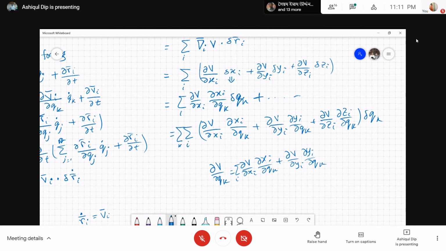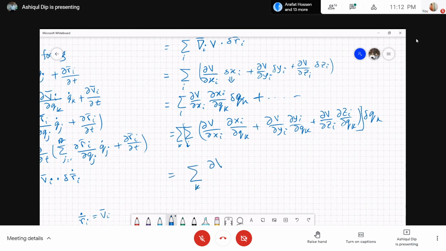So with this sum up to this part, this is nothing but delta v by delta qk, right? So we can write sum over k delta v by delta qk variation qk, and substitute that.